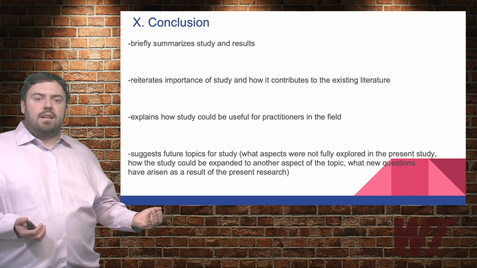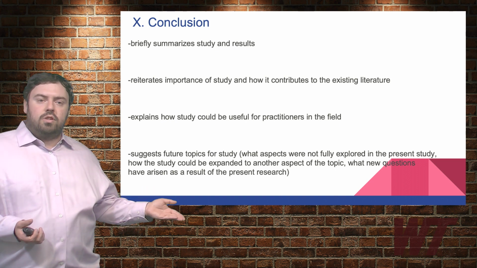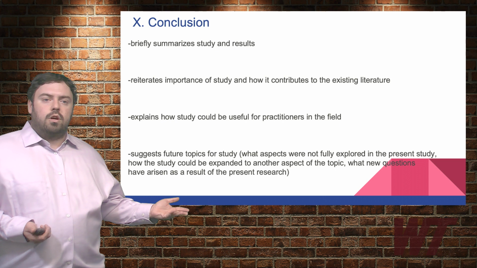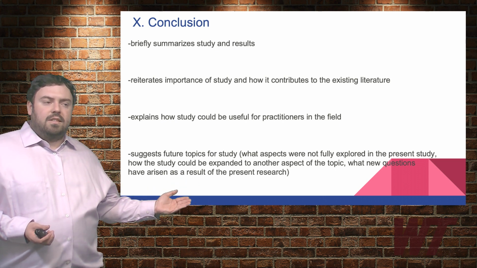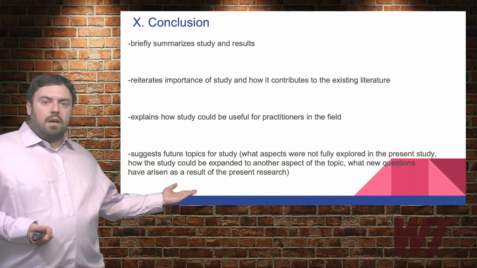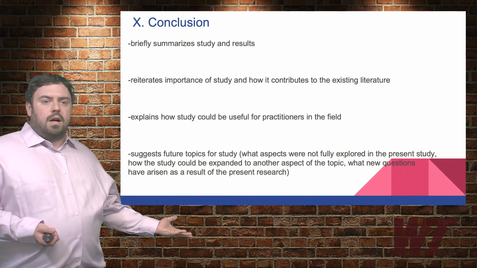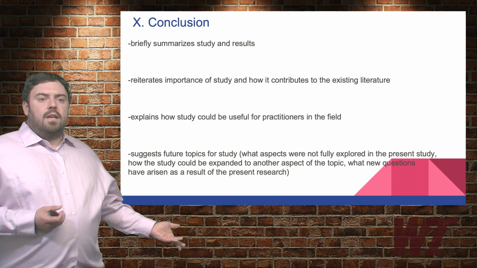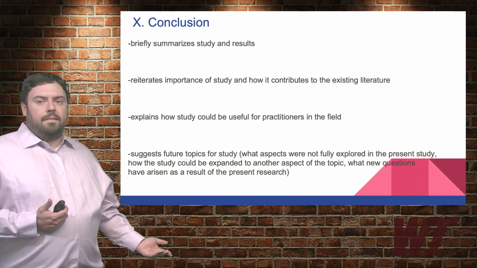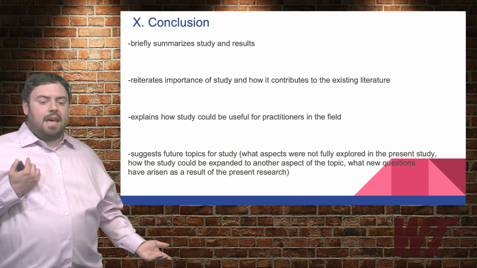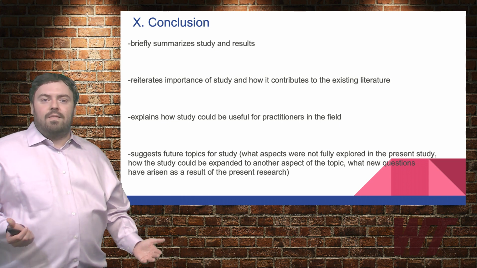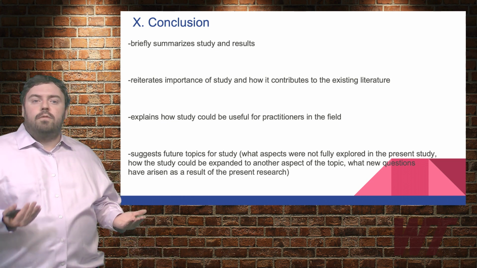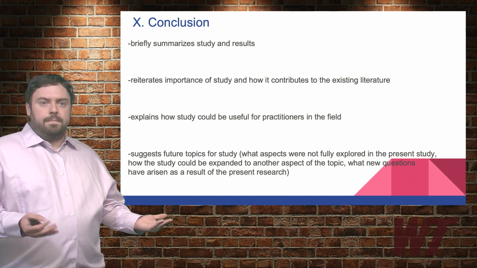So if you explain in your conclusion section that in the future we should explore this element of the topic, or we should connect this topic to this new area or this new concept or this new context, then that gives you not only the idea of how you can expand on your research, but it also gives legitimacy to your future research plans.